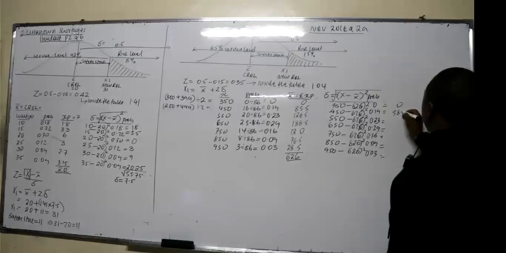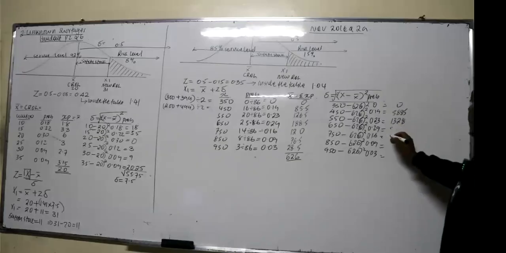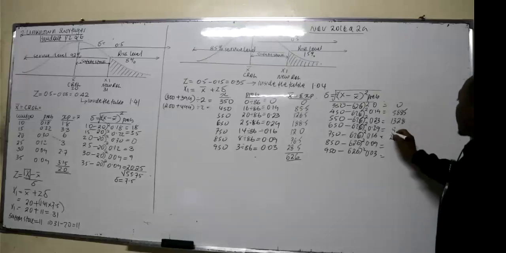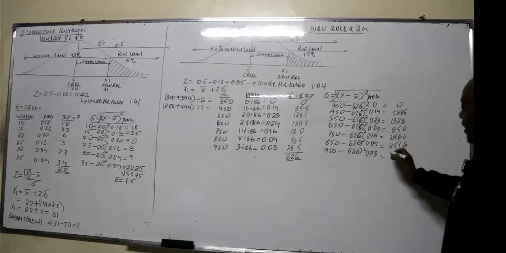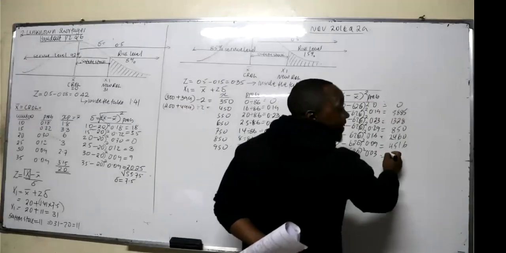Let's compute the values. Are you sure? 94.6. 24.60. 4516.